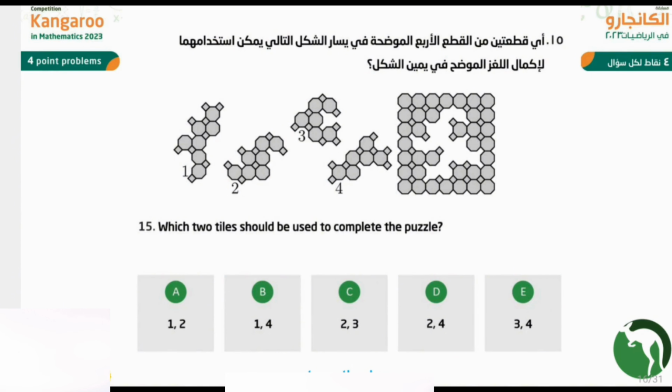Now in question number 15, which two tiles should be used to complete the puzzle? Okay, so we have two pieces here.